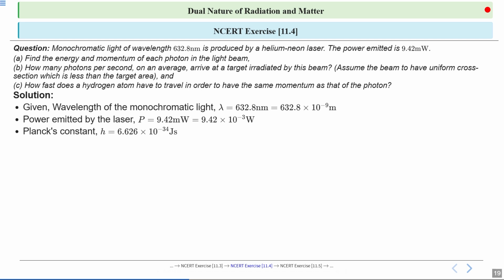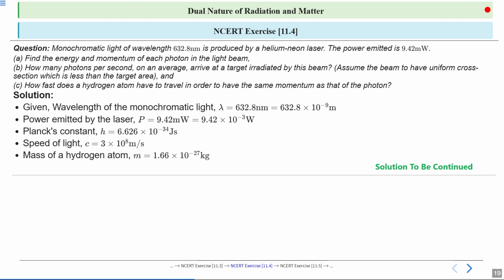Planck's constant h is equal to 6.626 into 10 raised to the power minus 34 joule second. Speed of light c equal to 3 into 10 raised to the power 8 meter per second. Mass of a hydrogen atom m equal to 1.66 into 10 raised to the power minus 27 kg. Alright, so these are the given terms.